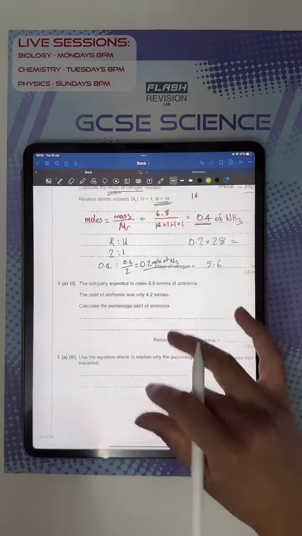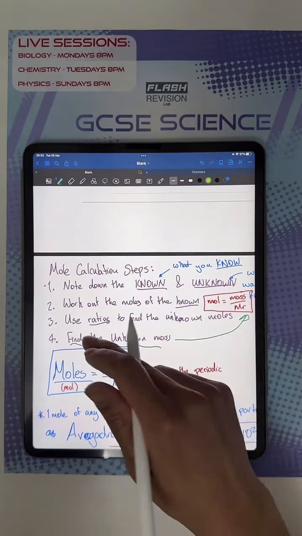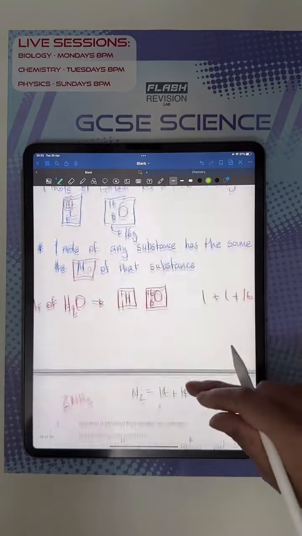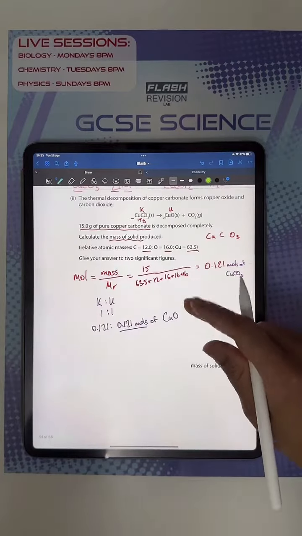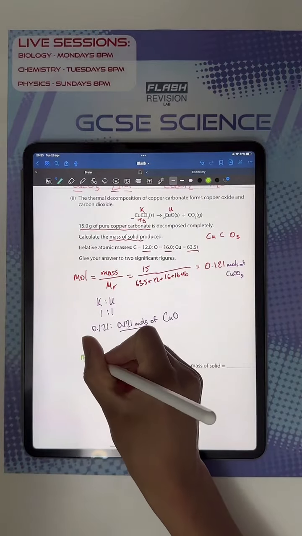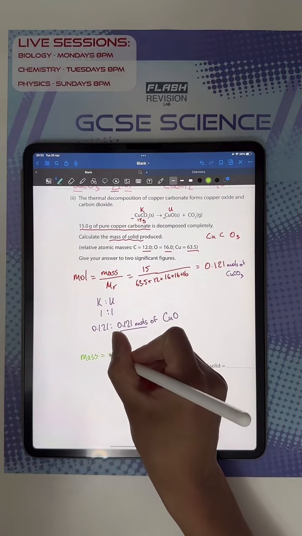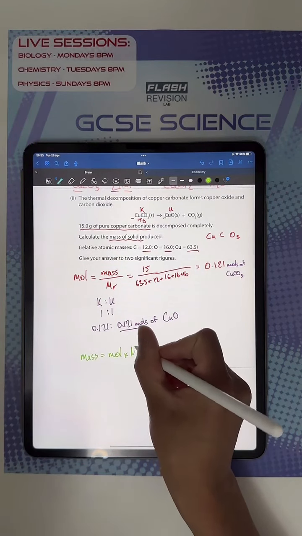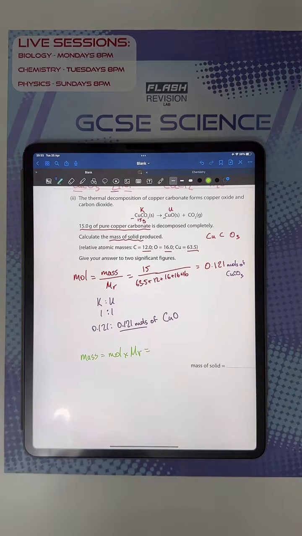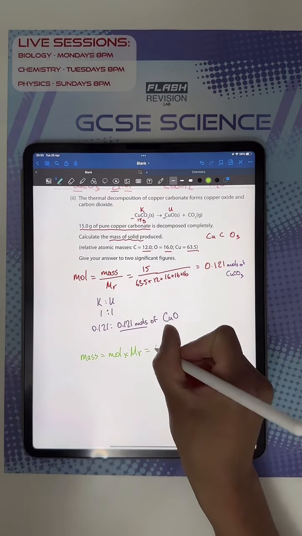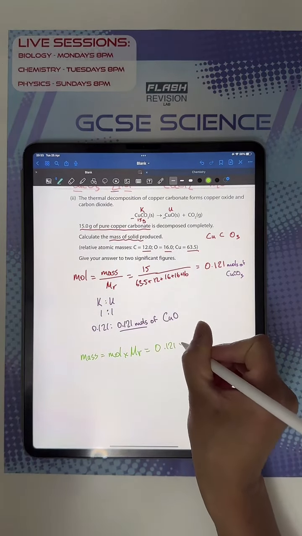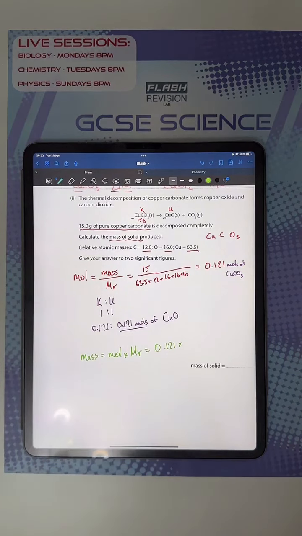Our final step, reminder, is find the unknown mass. We're using the equation again, but we're rearranging the equation. So mass is equal to moles times MR. So it's going to be our moles, 0.121 times the MR of what? What MR are we using this time?